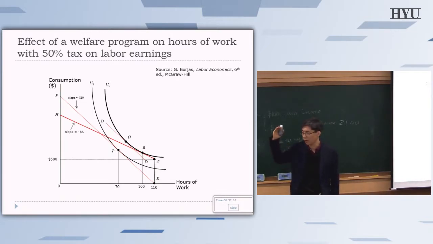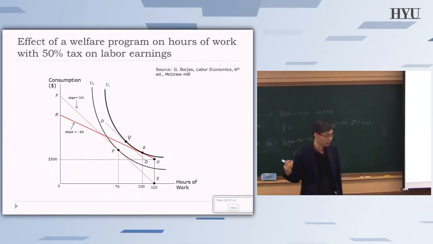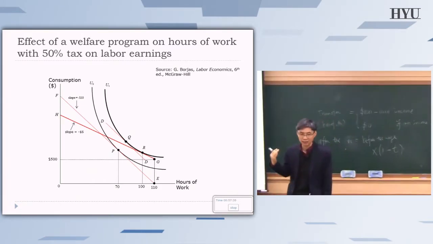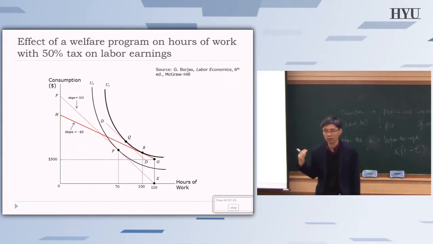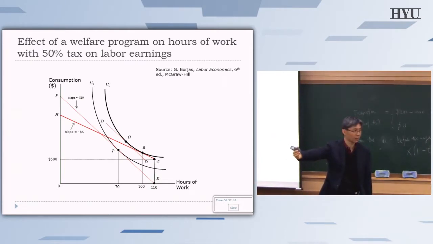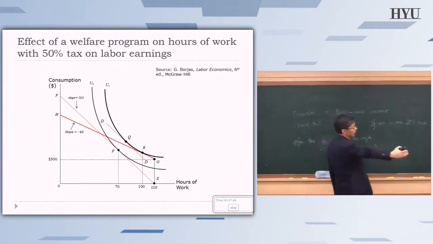So substitution effect: work less or consume more leisure. Price of leisure is lower. So implicit tax makes the substitution effect increase leisure, not decrease leisure. Get it?